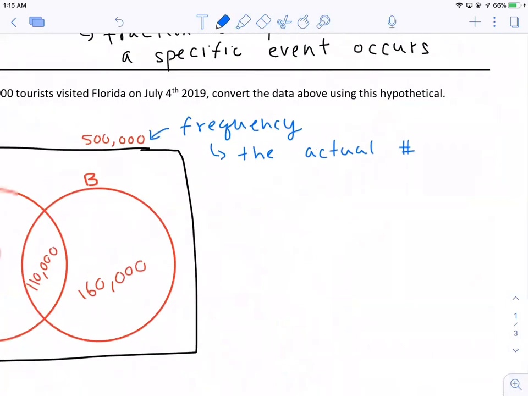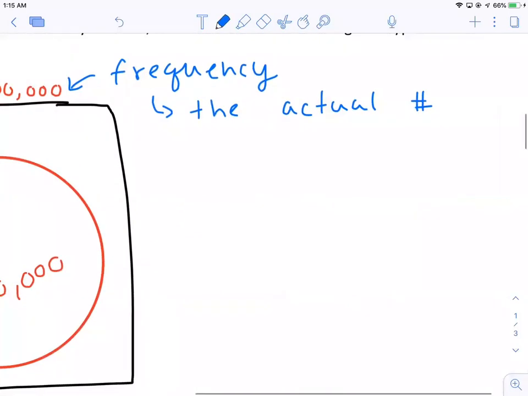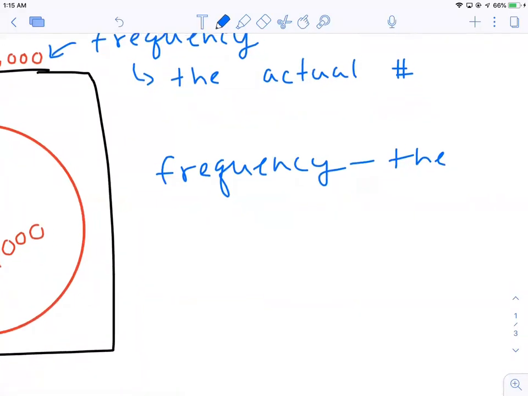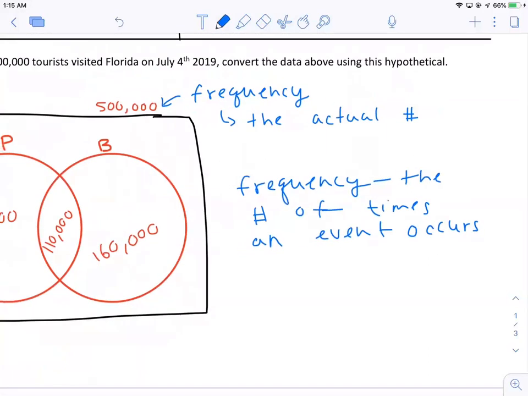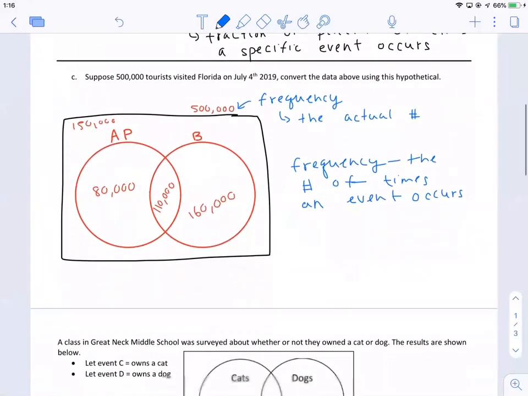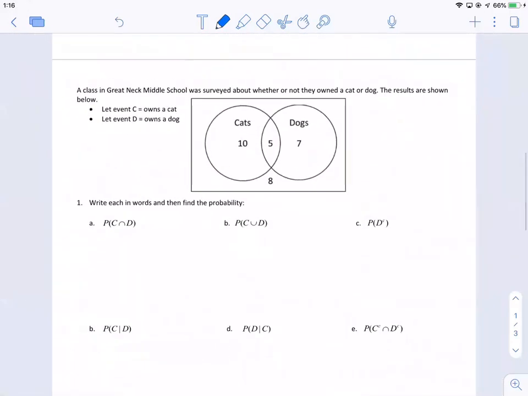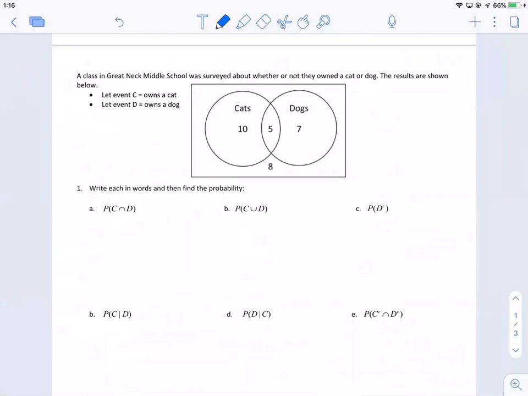So the frequency of something is the number of times an event occurs. Whereas the relative frequency is the fraction that event occurs, or the percentage that event occurs, right? So now that we know that, let's take a look at this first question.